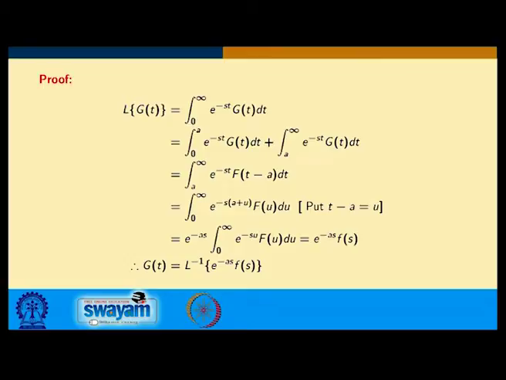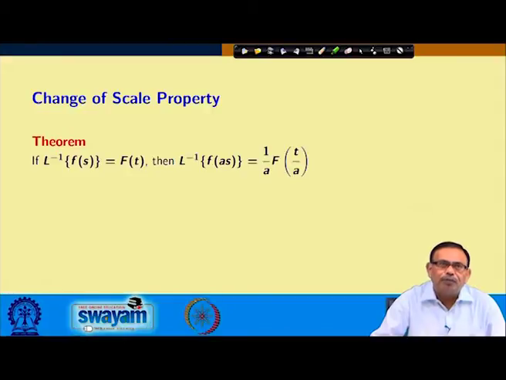If you bring e to the power minus a s outside, this integral is nothing but the Laplace transform of the function f(u), which is F(s). So you can write it as e to the power minus a s into F(s), and so g(t) equals the Laplace inverse of e to the power minus a s into F(s), which completes the proof of this particular theorem.